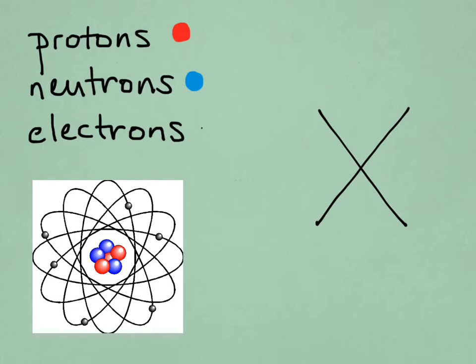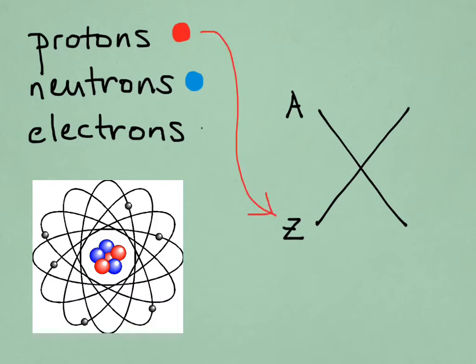And if we want to specify that atom a bit more carefully, we can write two numbers next to the letter, one at the top, one at the bottom. The one at the top is called the mass number, and the one at the bottom is called the atomic number. So what do they represent?